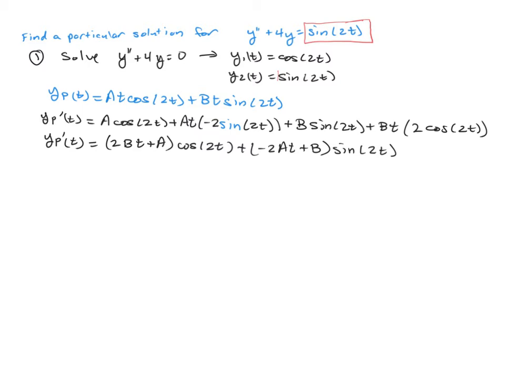All right, so now we need to take the derivative of this. Just going to be a little bit on the messy side. So derivative of the first is just 2b times the second, cosine of 2t, plus first, 2bt plus a, times derivative of the second, negative 2 sine of 2t.